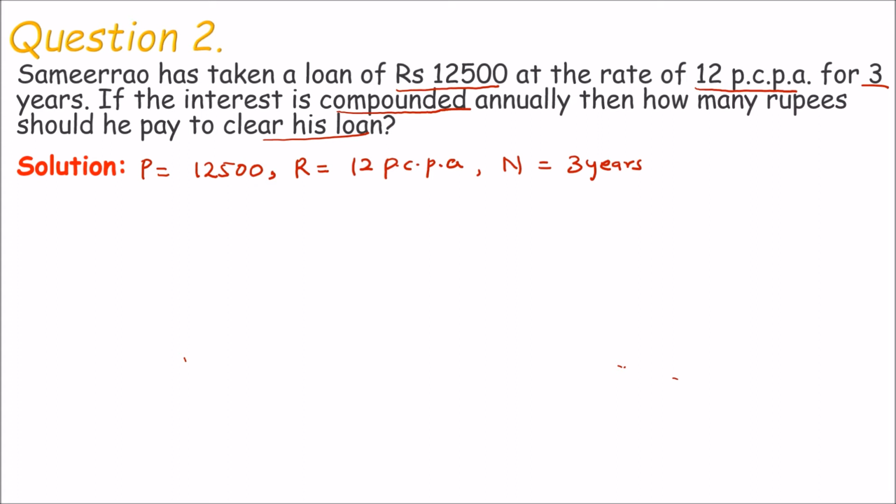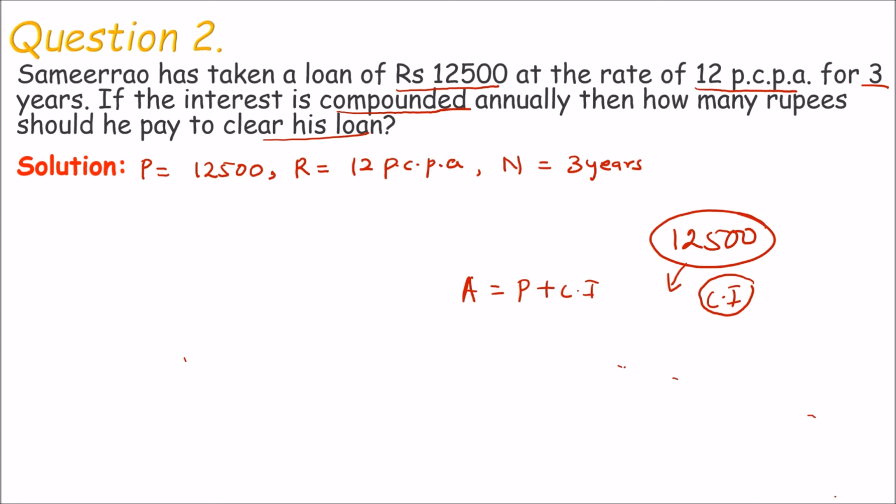The amount he has taken from the bank is 12,500, that he has to pay, plus he also has to pay compound interest on it. So the amount paid by him to clear his loan will be A equals P plus compound interest.